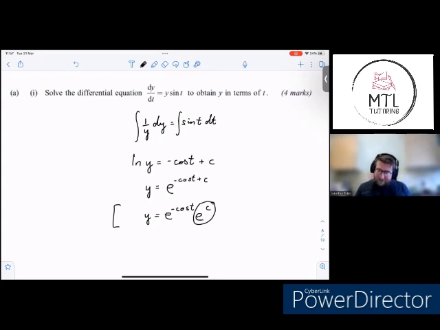So we can just replace that e to the c with another letter. The standard one to use there is just a capital letter A. Like I said, you don't need to explicitly say that you have made A equal to e to the c. Writing the constant as a coefficient of e is a standard thing.